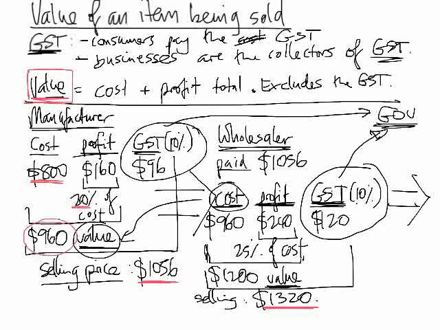Now the wholesaler here has the understanding that this GST, even though he paid $10.56 overall, he knows that $96 of those dollars goes straight to the government. So that's why he doesn't base his pricings on $10.56.